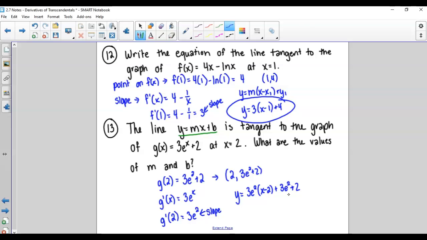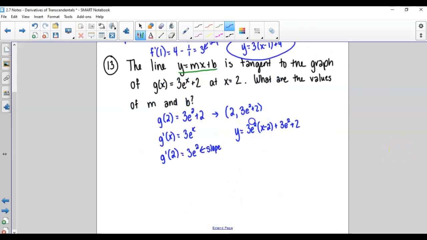And now if I want this to be in y equals mx plus b form, I need to distribute my 3e squared. So I'm going to have 3e squared times x minus 6e squared plus 3e squared plus 2.